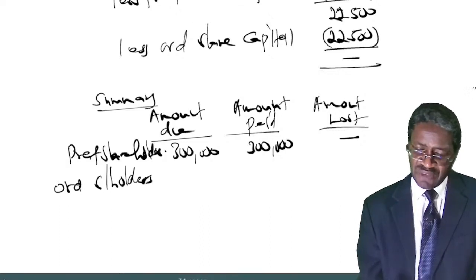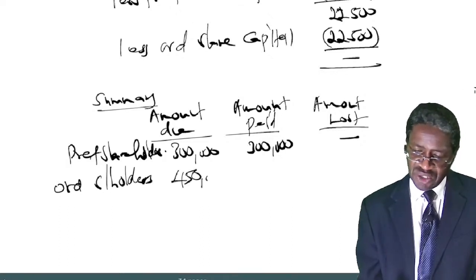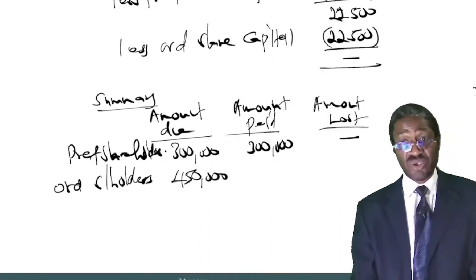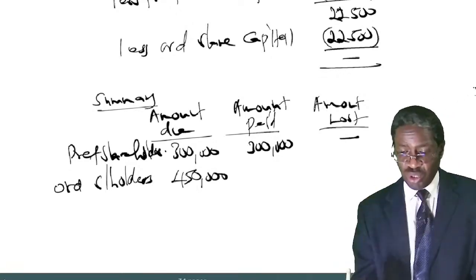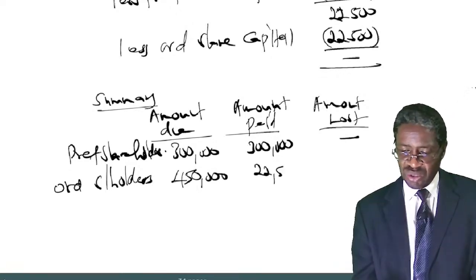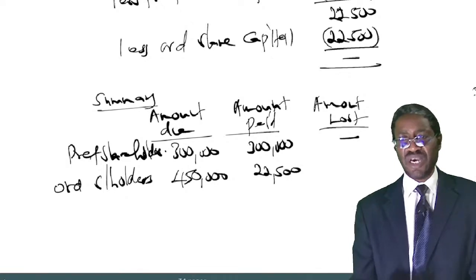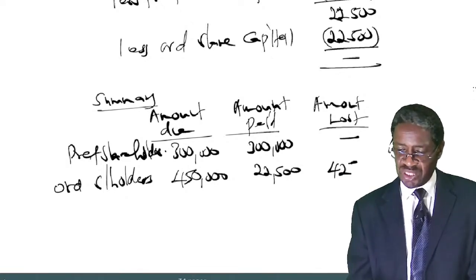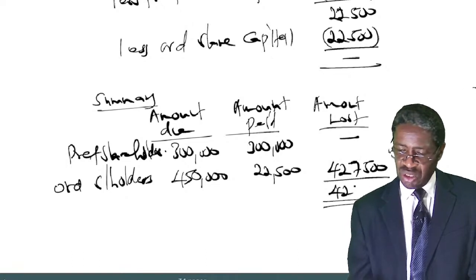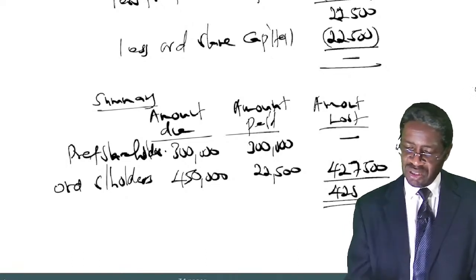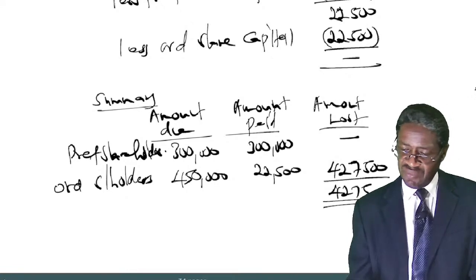We owed them 450,000. That's what we have seen. According to the balance sheet, if they go to court, they can only get 22,500. Therefore, they would lose 427,500, which comes to the same total that we got in step 1.